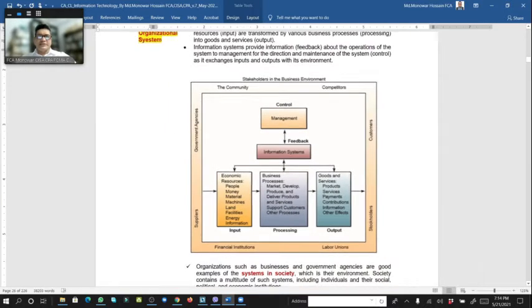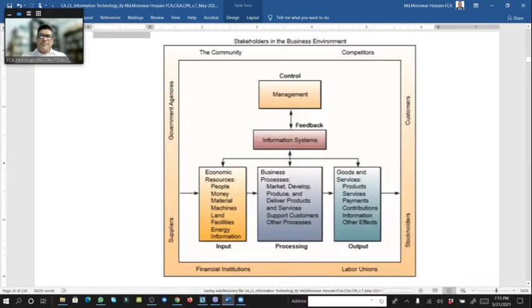If we see here, it is within the organization. Here in our process, our input is the economic resources. What are those? People, money, material, machine, land, facility, energy, information, etc. From that input, the processing is the business process: make, develop, produce, and deliver product and service, support to the customer, and other processes.